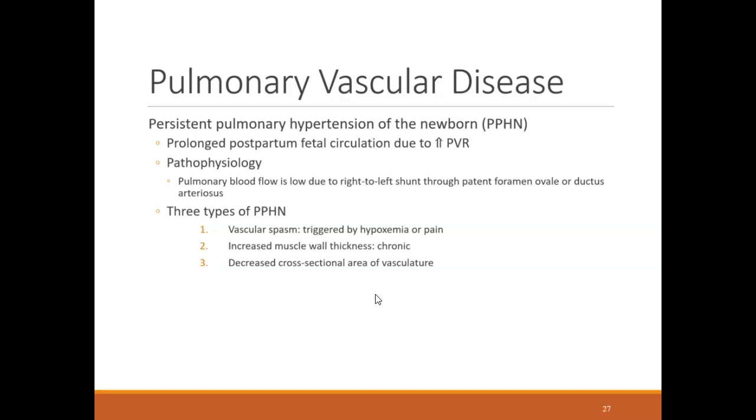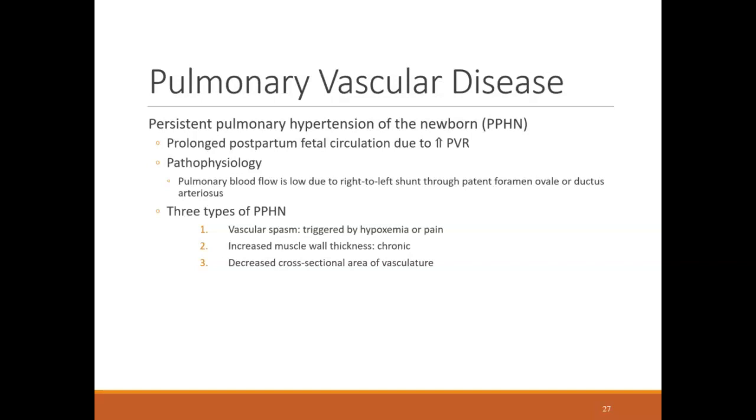After the baby's born, if the pulmonary vascular resistance does not decrease, then patients are going to revert back to fetal circulation and have that right to left shunt, and very severe hypoxemia because you are not going to be getting blood to the lungs in order for it to get oxygenated.